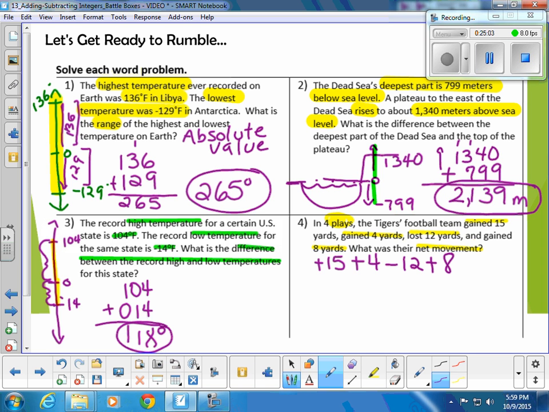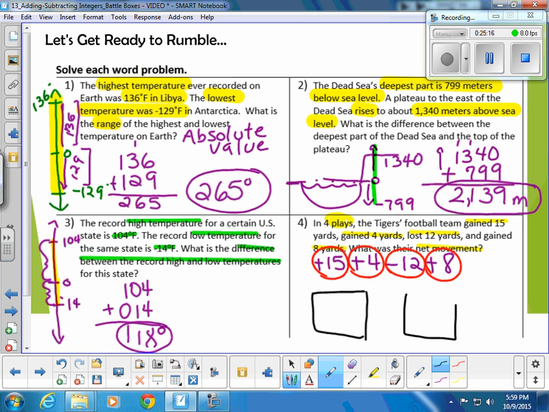Now we're just going to circle all of our digits. We have positive 15, positive 4, negative 12, positive 8. Let's draw our battle boxes and get ready to rumble. Make sure they're big enough to contain all the numbers. We have a positive battle box and a negative battle box. Who's going to win?